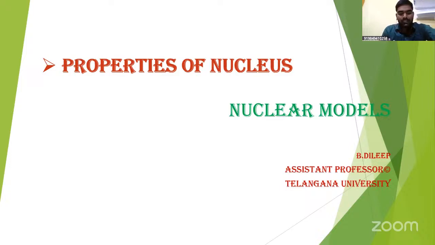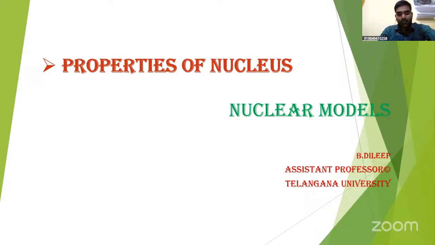So the nucleus contains two particles. One is proton and another one is neutron, isn't it? Their masses, proton's mass and neutron's mass, both combine to give the nucleus mass. What is the proton mass then?